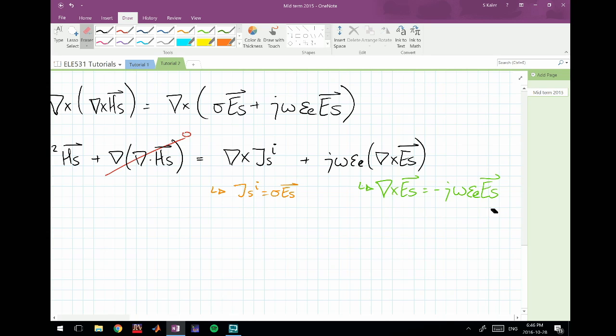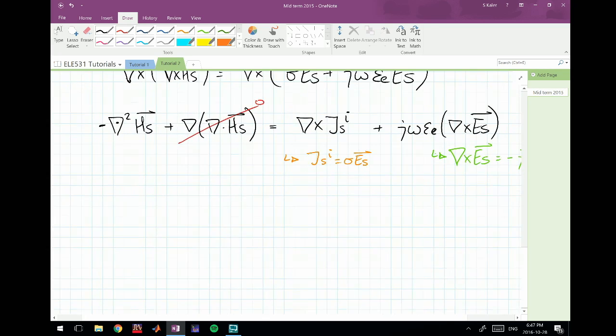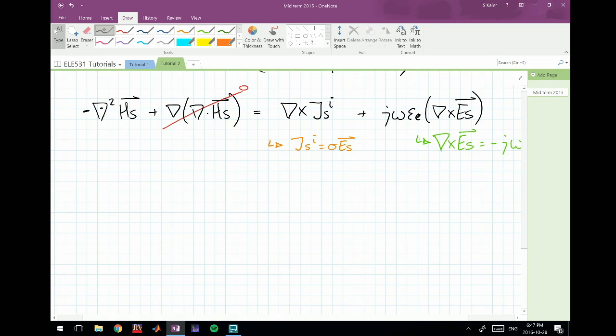It's mu HS. Apparently I forgot, it's been a long day. Right. Okay. So now we can substitute that in and start simplifying our equation.